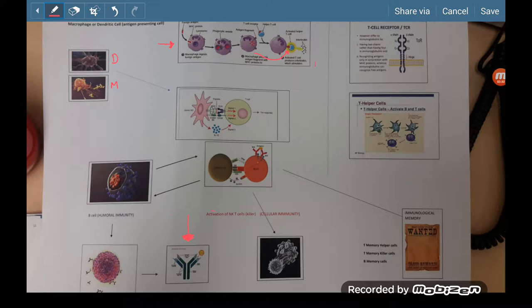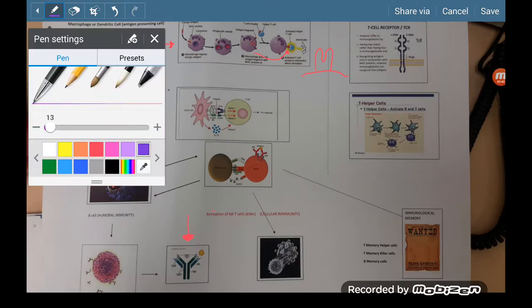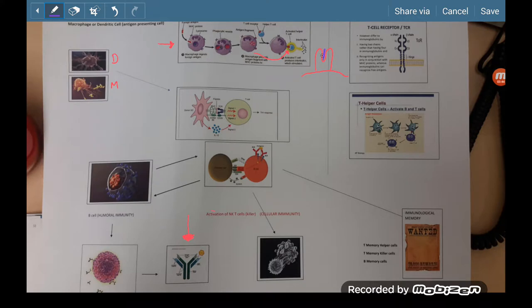And MHC2 is a protein which holds the antigen on the surface of the macrophage or the dendritic cell and presents the antigen to the rest of the immune system. And what this macrophage or dendritic cell is effectively doing is saying, I found something that's not self, I've digested it, here it is, here's an example of this pathogen that's inside us. Is anybody interested in this? Is anybody interested? Here it is, I'm holding it in my MHC2 protein.